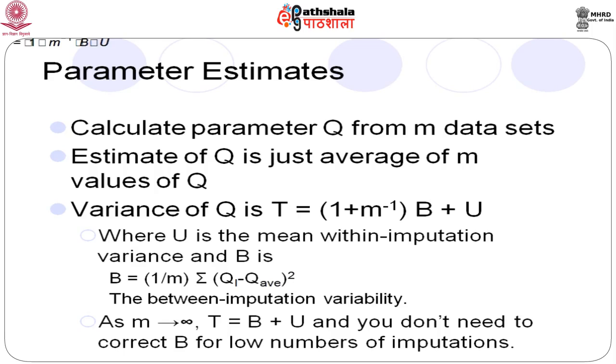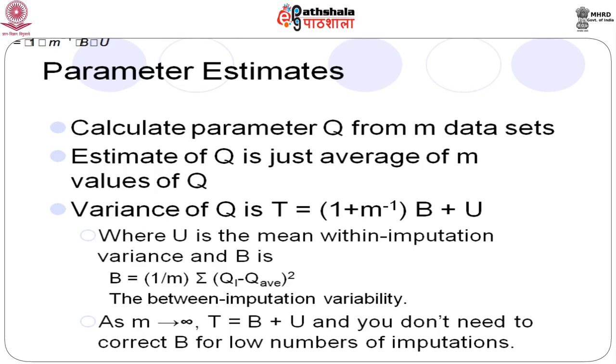We calculate the estimate of the parameter q from each data set, and then just take the average of the m such values of q, and also compute, based on the m data sets, the variance of q. It can be shown that as the number of data sets gets large, we can get a consistent estimate of the parameter q from the data.